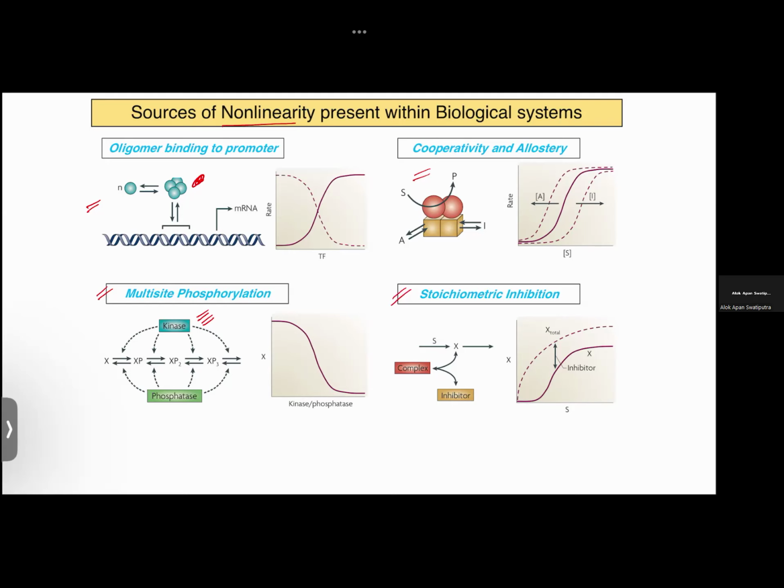We have not discussed this, but if you remember your enzyme kinetics, whenever you have competitive inhibition and uncompetitive or mixed inhibition, you see that the system stops being a linear function, or rather the normal Michaelis-Menten function, and you start getting all these nonlinear behaviors. So biology brings in nonlinearity by majorly these things. So either oligomerization or cooperativity.